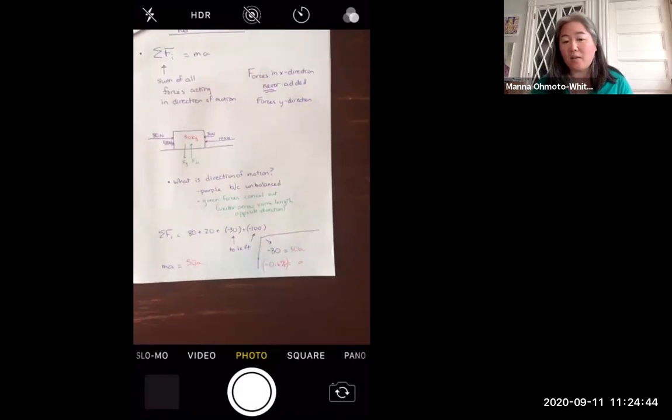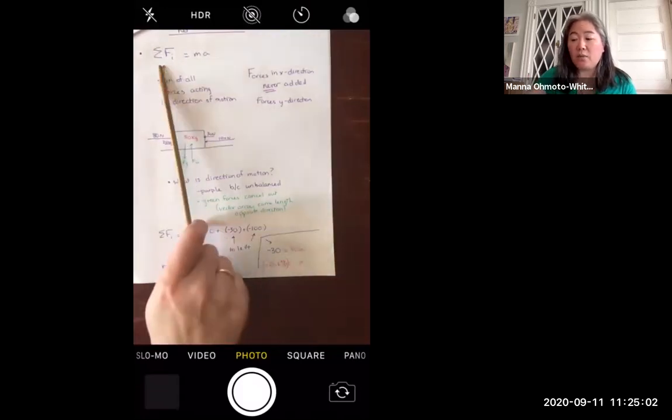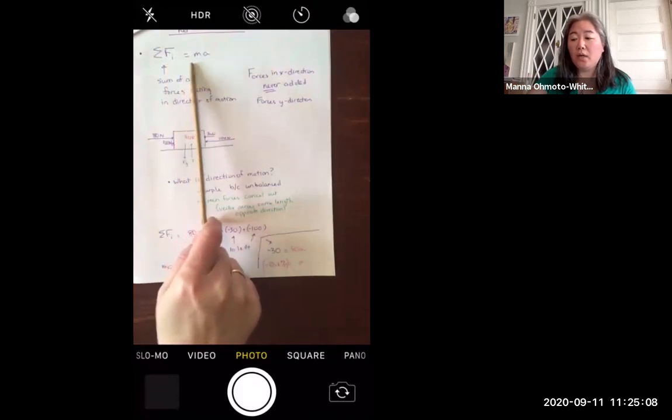In other cases, I may know the acceleration and I'm looking for the mass. Or it could be that I know the mass and the acceleration, and I'm looking for the sum of the individual forces. So just like any equation, we can always have you figure out the missing variable, but it all comes in this case from the sum of all the individual forces acting in the direction of motion is equal to MA.